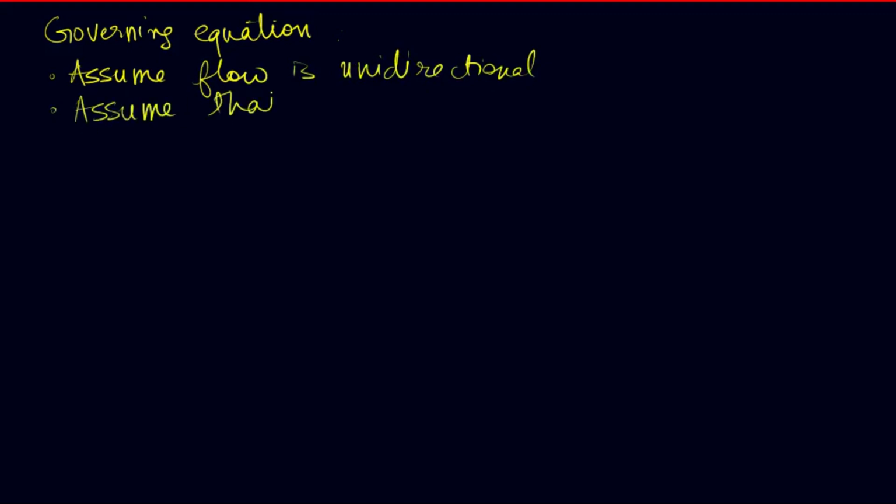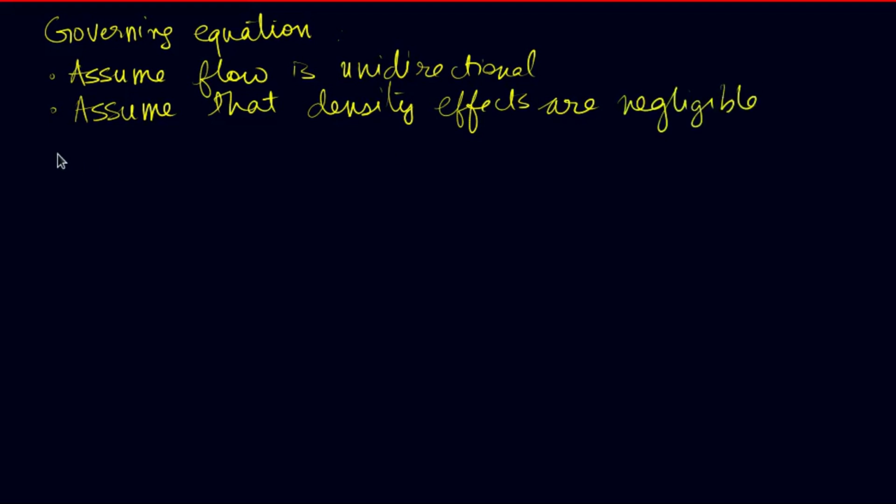Actually, you may wonder that if a flow is fully developed, then we should not have any effects of density. However, there is a hidden caveat in this. We have used the modified pressure in obtaining the Poiseuille profile. The modified pressure implicitly contains the effect of density because P prime or P bar, the modified pressure, is equal to the pressure minus rho Gz.